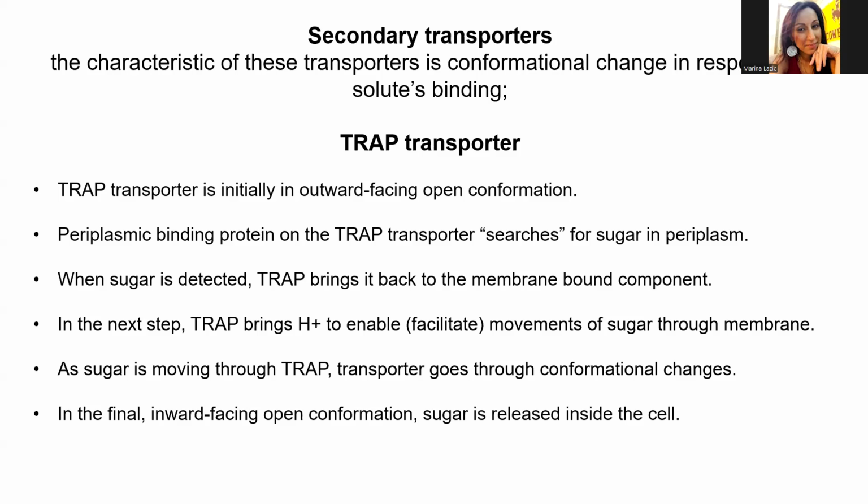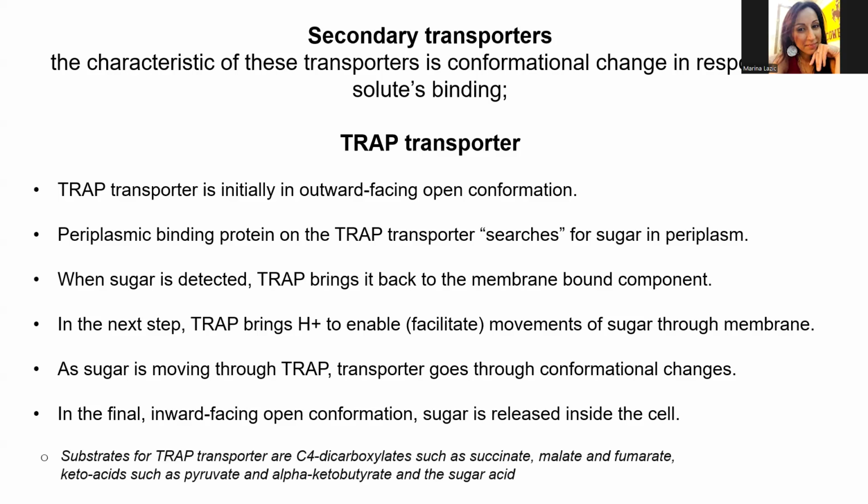Again, those are some C4 sugars, like succinate, fumarate, malate, some sugar-based acids. It's not for glucose. Glucose has its own transport. But it's simple: sugar first, then hydrogen ion.